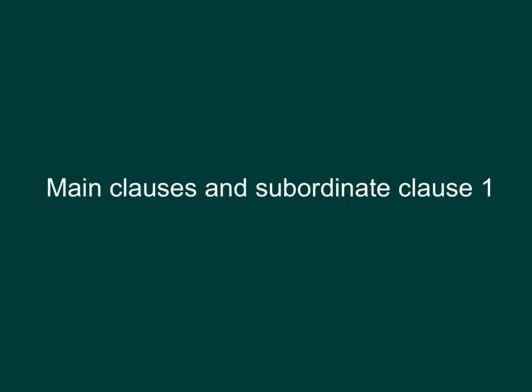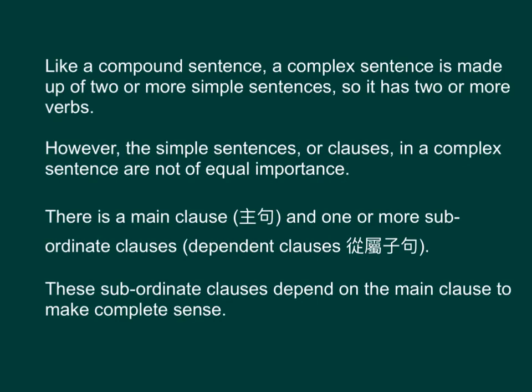Main clause and subordinate clause. Like a compound sentence, a complex sentence is made up of two or more simple sentences, so it has two or more verbs. However, the simple sentences or clauses in a complex sentence are not of equal importance.